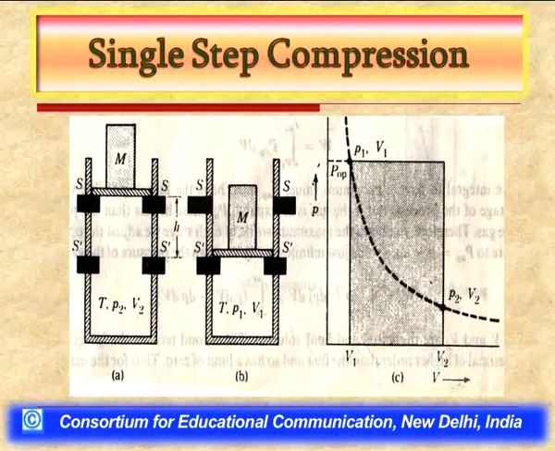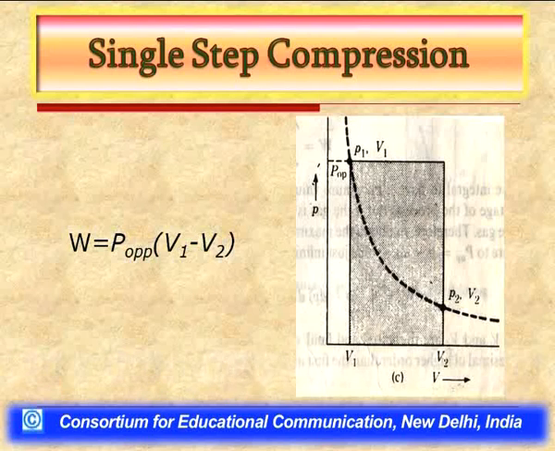So, now after having a discussion of the expansion process, let us talk about the compression process. The formula of work involved in the compression process is again the same, that is the work W equal to the P op, the opposing pressure, that is the pressure which is being exerted on the system externally, times the change in volume.